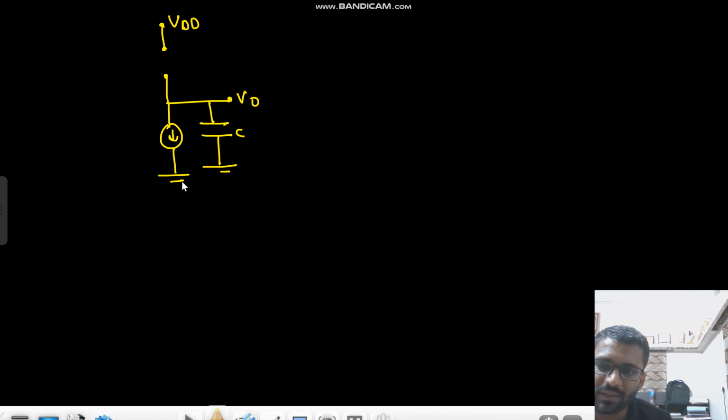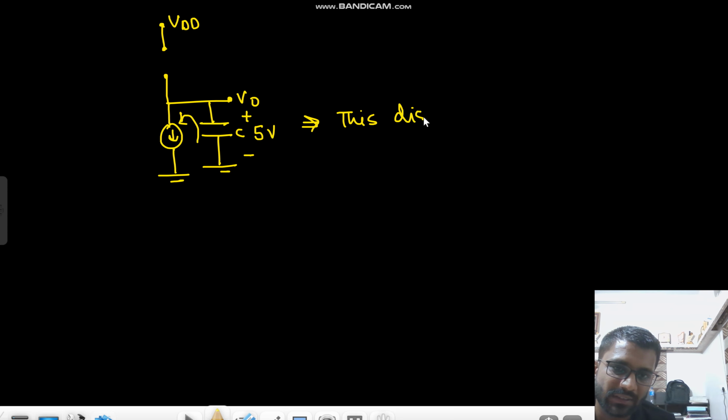So this is the PMOS, that is open circuited. This was VDD. Now this is the capacitor there, this is V node and this is the current source, right? This was already charged to VDD, that means 5 volt. Now the current is flowing in this direction. So this discharges the capacitor linearly.